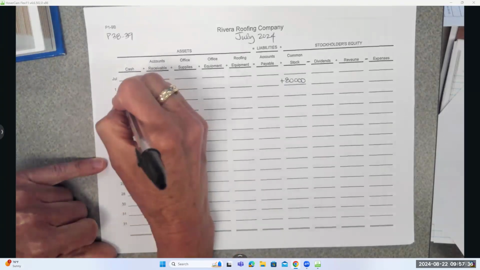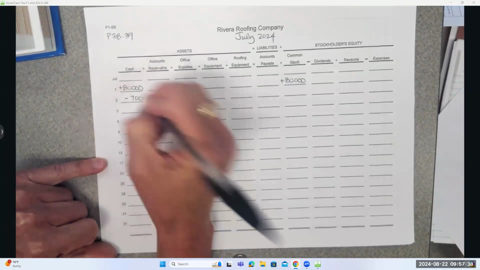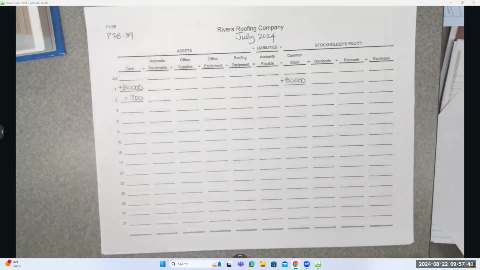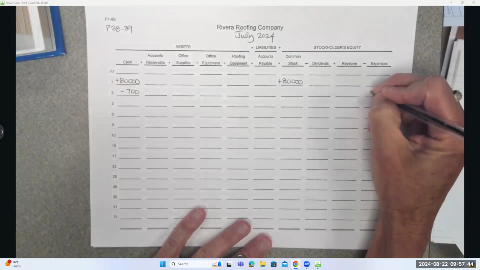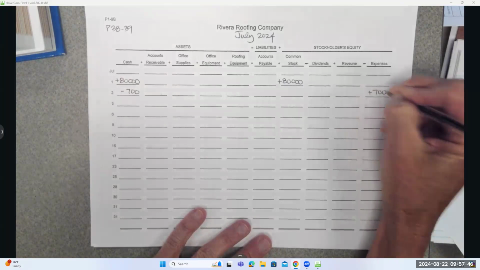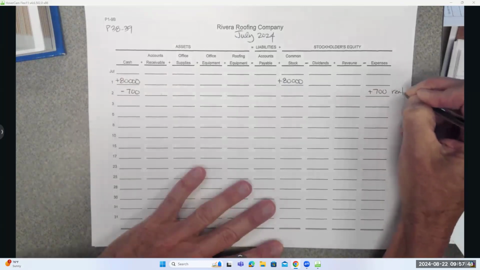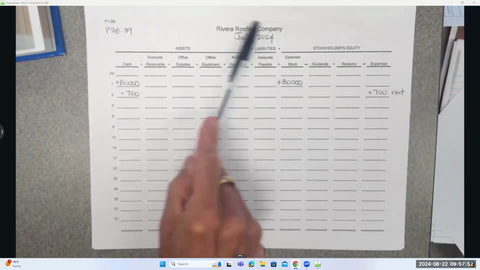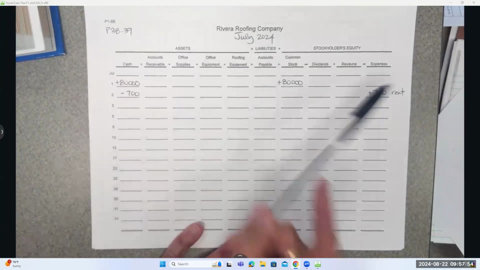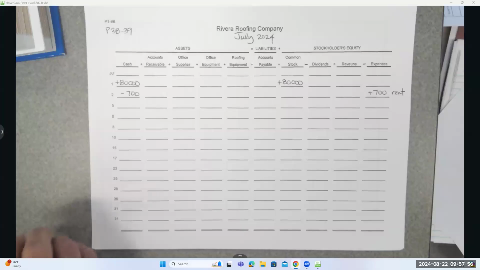Well, if we paid cash, a decrease to cash, what are we paying for? That is an expense. We're going to use that 700 of rent all within July. We're going to use it all up in 1 month. So it goes to expense, and if we want to be in that same office in August, we've got to pay again.